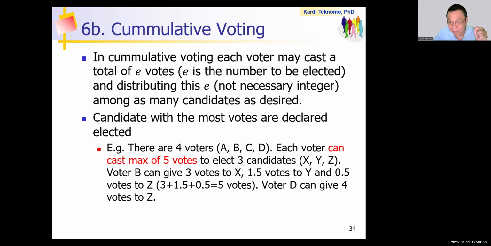And then D gives 4 votes to Z. There is no need to use up all 5. Then you just sum for X, for Y, and for Z. In this case, who will win? Is this clear or not?